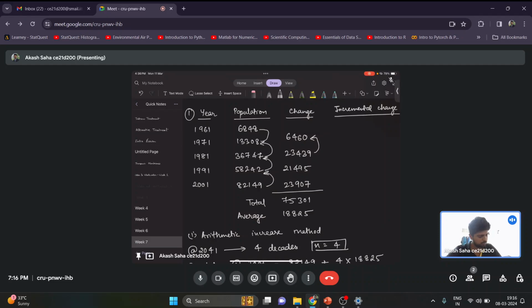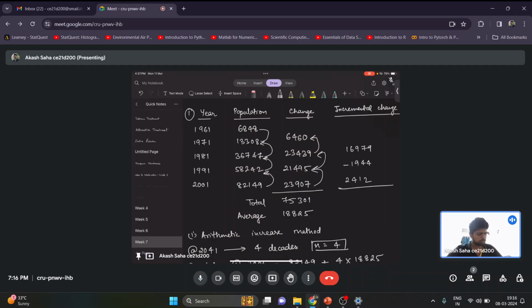We will get something around 16,979. Again, we will subtract this from this. So it will be 1944, but this time it will be minus, and again we will subtract like this. So we will get 2412. So these are the incremental changes, the change in the change.